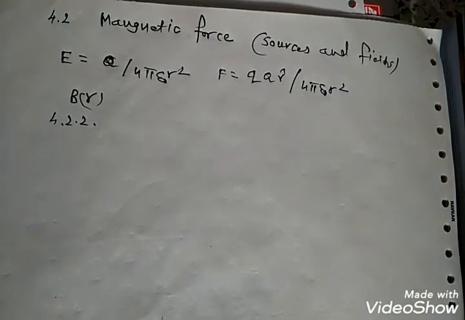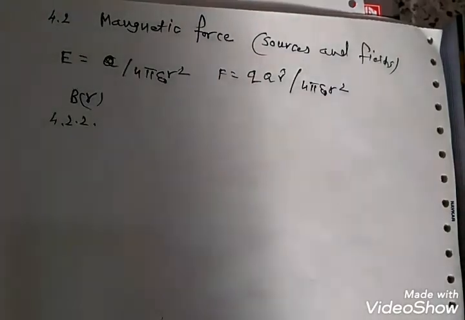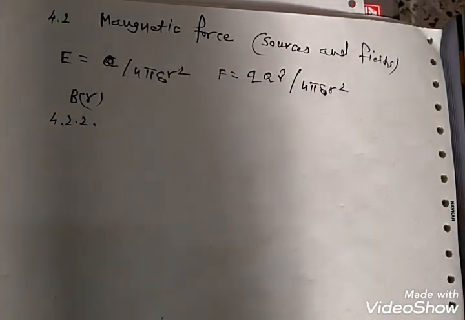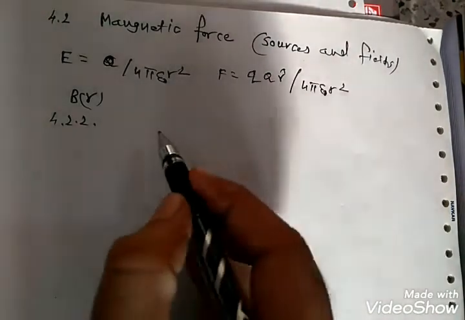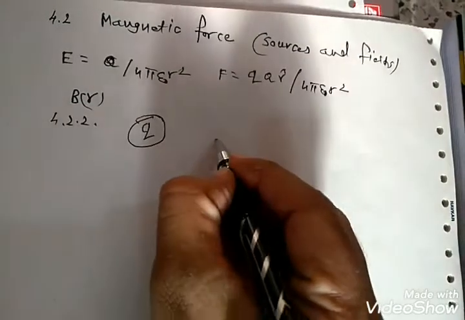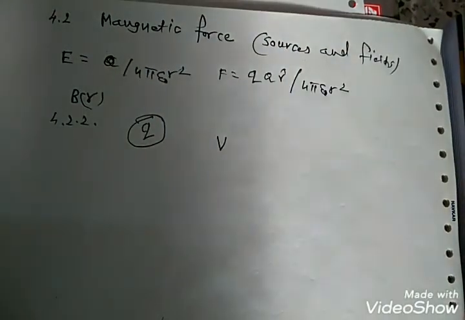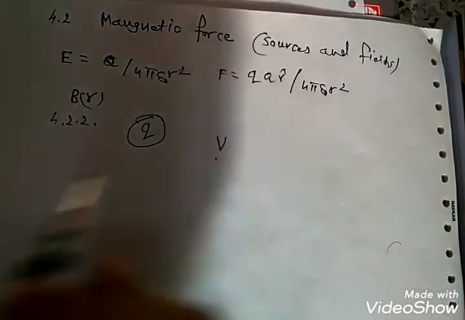Let us suppose that there is a point charge Q, but here this charge Q is a moving charge, moving with a velocity V, located at r at a given time, in the presence of both electric field and magnetic field.